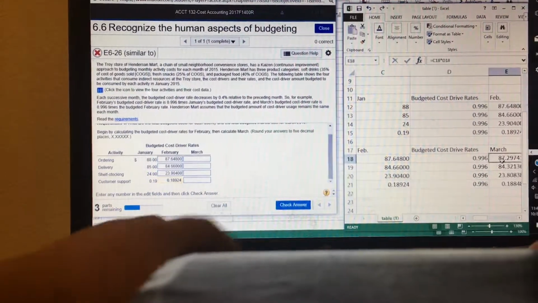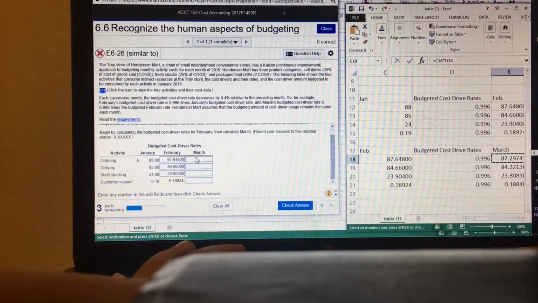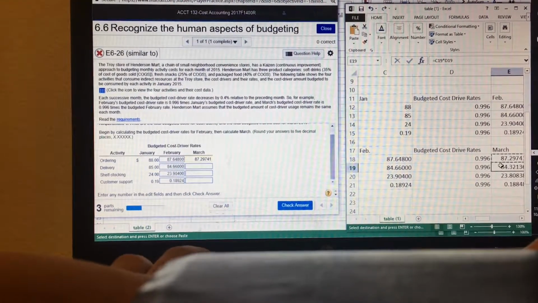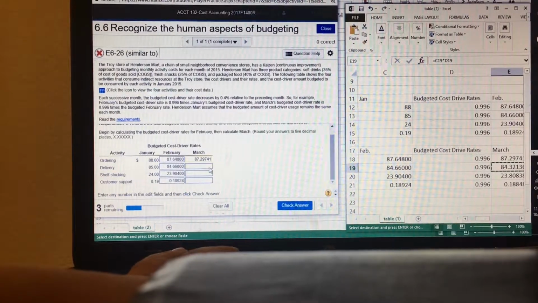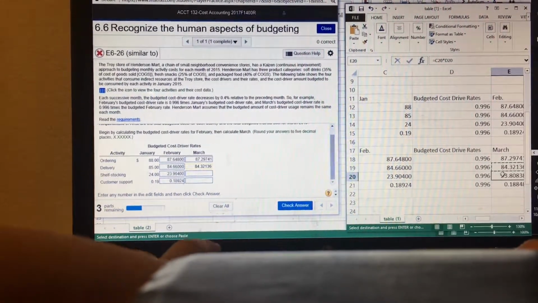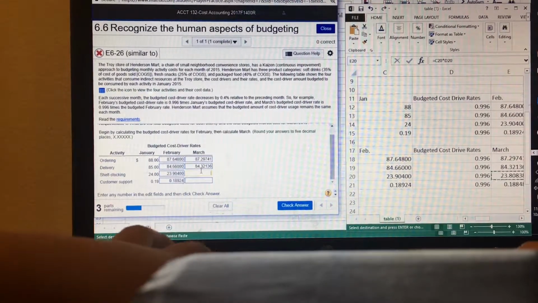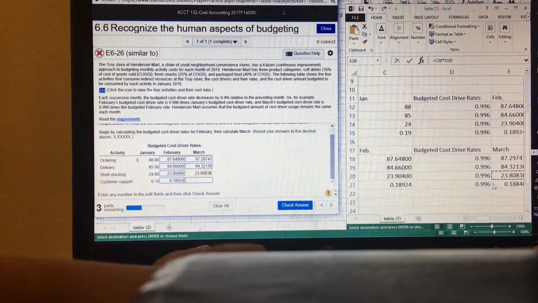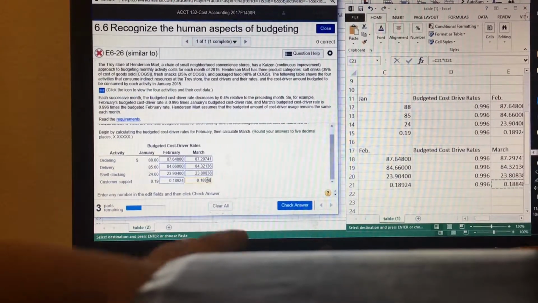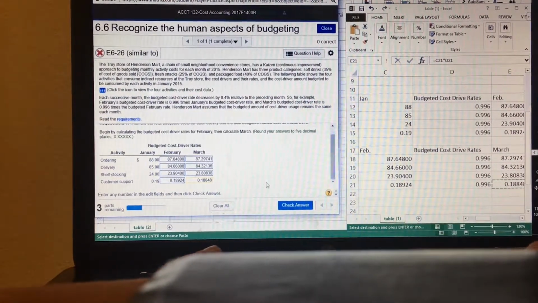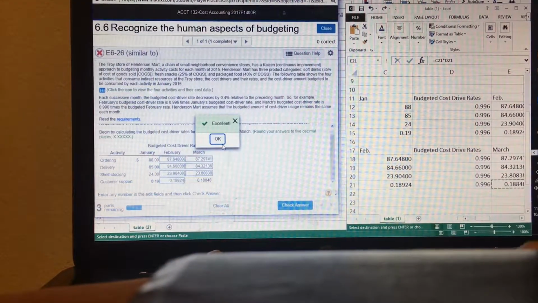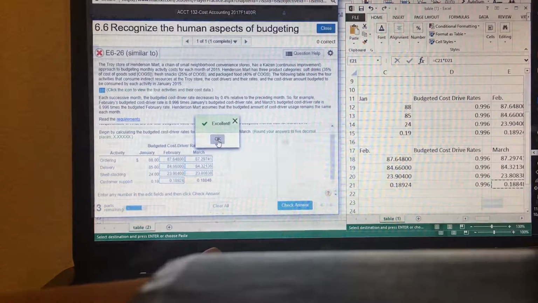Now let me go ahead and put that onto the box. Now let's hope everything is correct. We're going to check our answer right now. And as you can see, it is excellent.